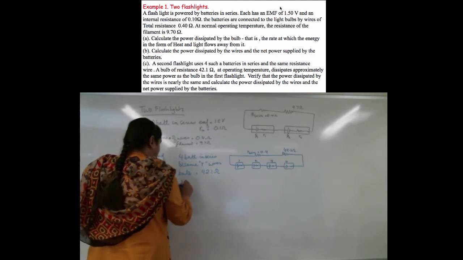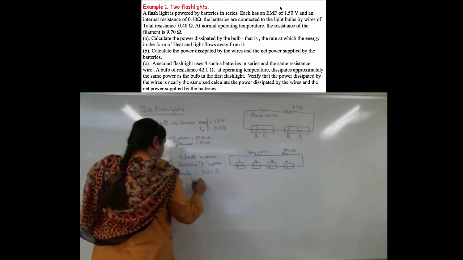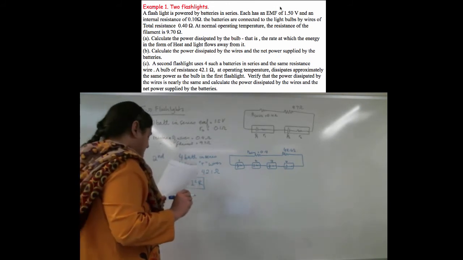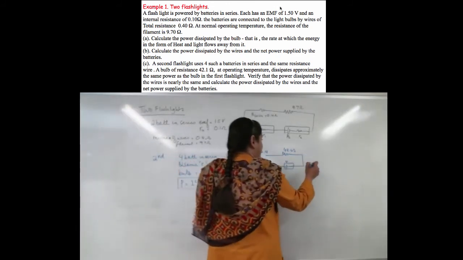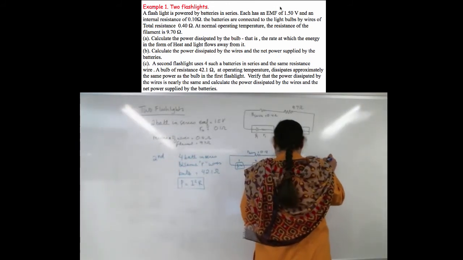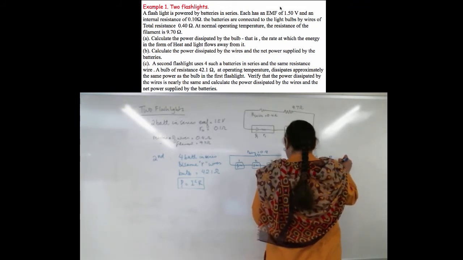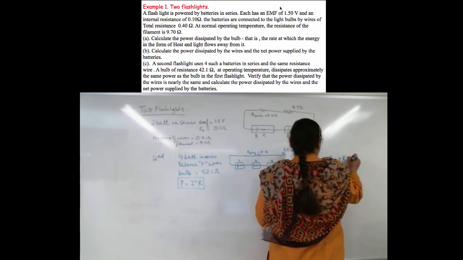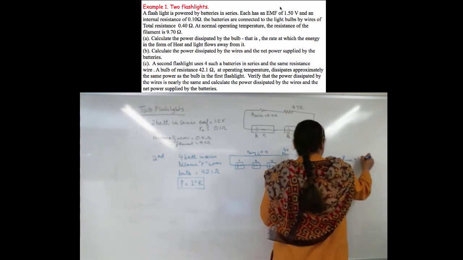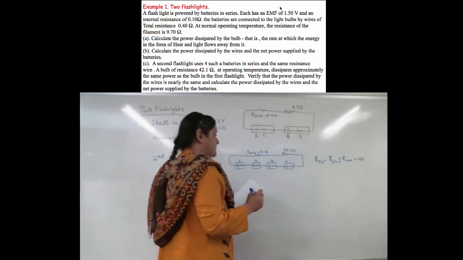We know power is equal to I squared R, right, in all of these cases. So we need to find what R equivalent is. So R equivalent in this case will be R of the filament plus R of wire plus 4 times internal R's, right?